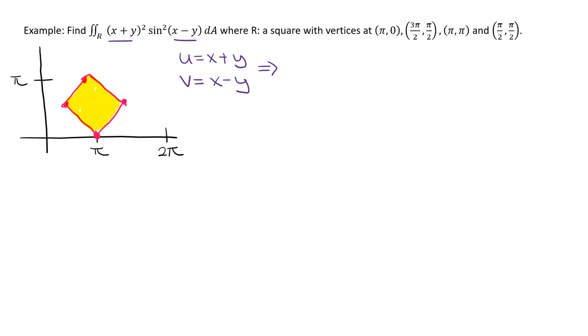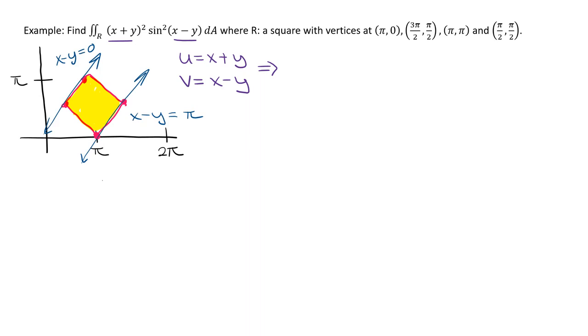Now, based on the function that we're integrating, it would be convenient if my u is x plus y, because that's inside my integral, and perhaps my v is x minus y. So that's a nice thought of what would be a good choice for the u and the v.